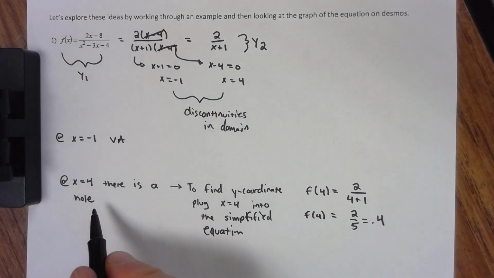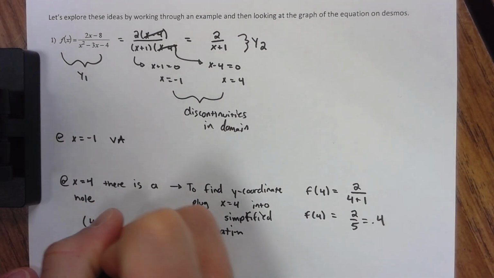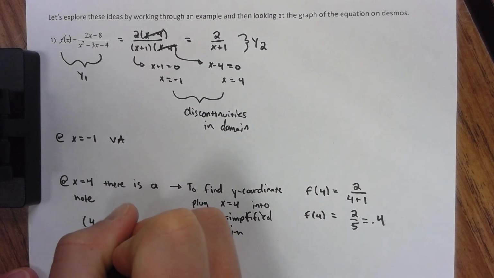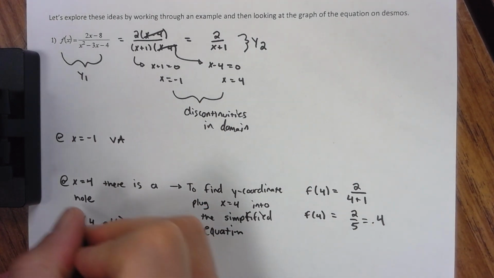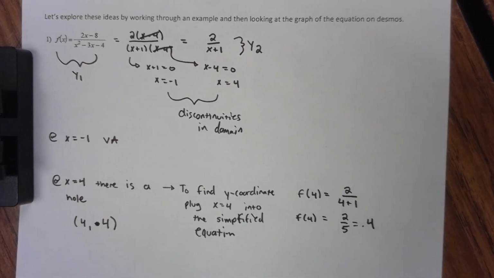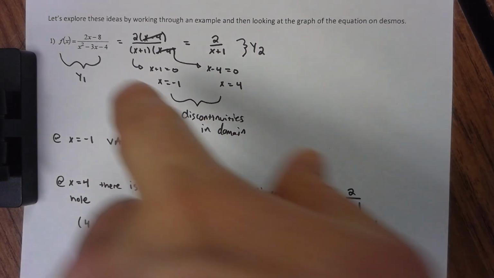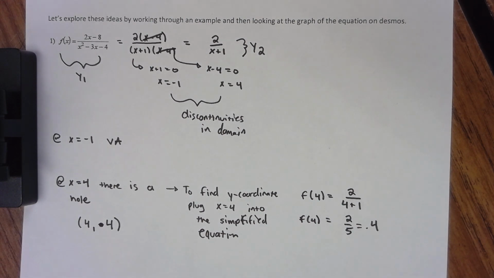So there's a hole at x equals 4, but the exact location of it is (4, 0.4). And again, the reason we had to plug it into that simplified equation is if you plug it into the original, you're going to get an error because you're dividing by 0.